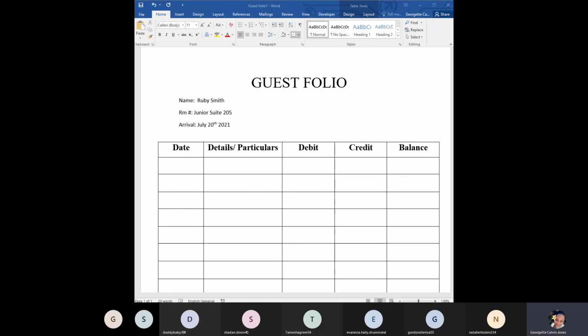All right, let's go. When completing a guest folio, the first thing that we put on the folio is the accommodation information. So the first thing that should be on this folio is accommodation cost.